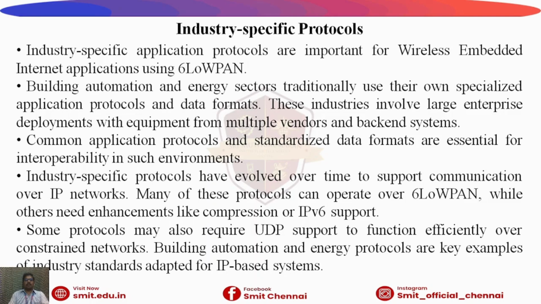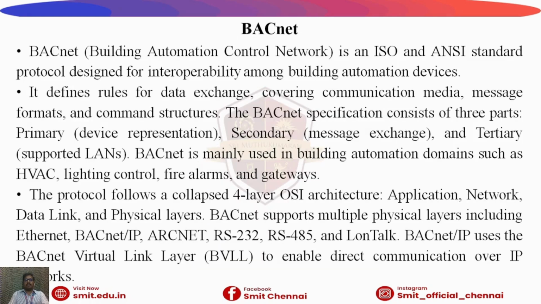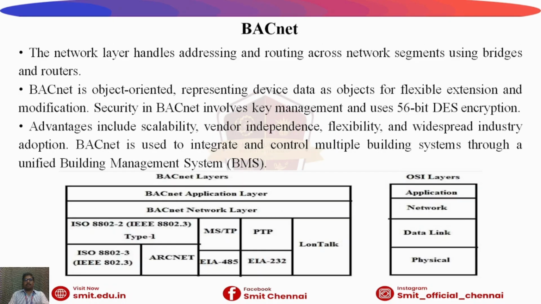So first among these industry-specific protocols is BACnet, which is Building Automation Control Network. It's an ISO and ANSI standard protocol designed for interoperability among building automation devices. It is used in HVAC, lighting, fire alarms, and security systems. BACnet uses a collapsed OSI model and supports multiple physical layers.